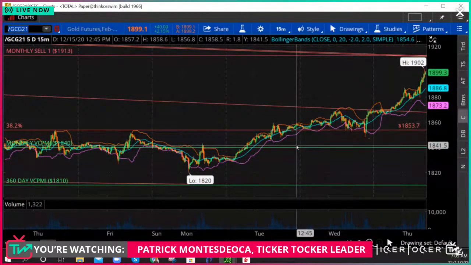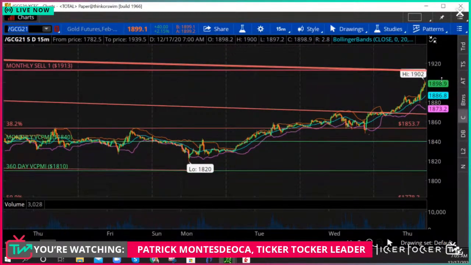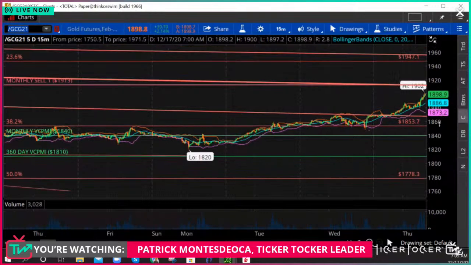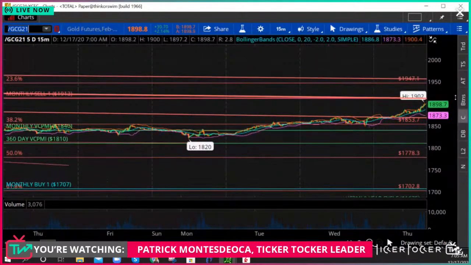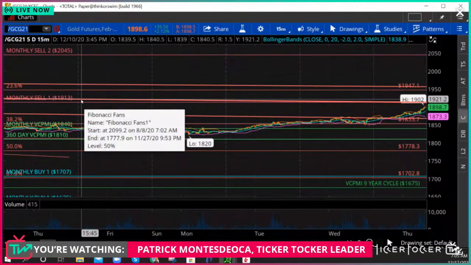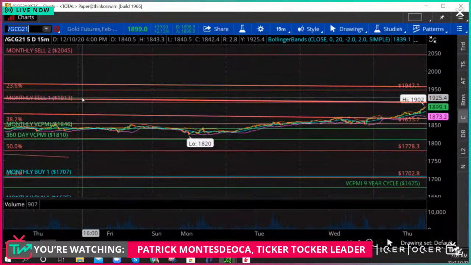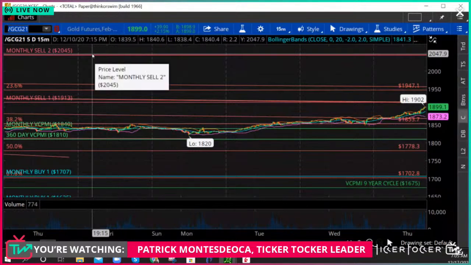So what it says basically is that at 1913, the monthly signal is telling us that we are entering a mathematical probability that the price is entering what is called an overbought condition, and it identifies the trading range of distribution of supply now on a monthly level between 1913 and 2045.